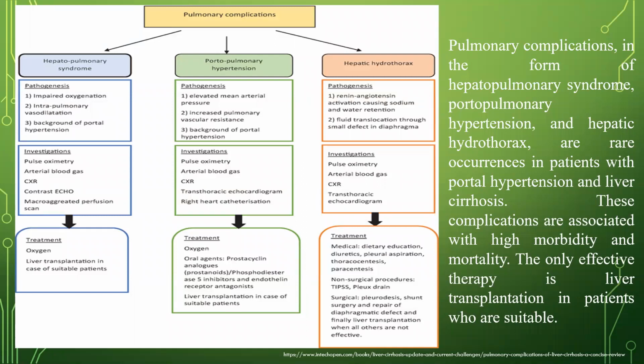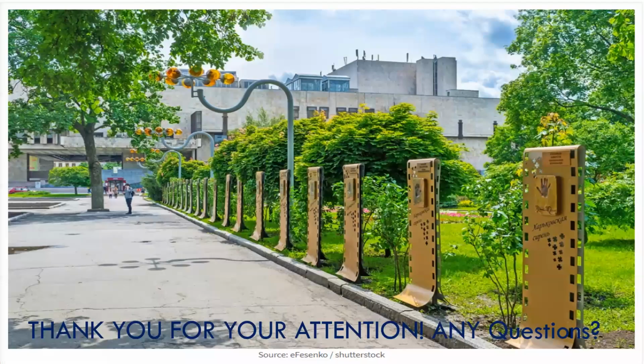Pulmonary complications in the form of hepatopulmonary syndrome, portopulmonary hypertension, and hepatic hydrothorax are rare occurrences in patients with portal hypertension and liver cirrhosis. They are associated with high morbidity and mortality, and the only effective therapy is liver transplantation in patients who are suitable.